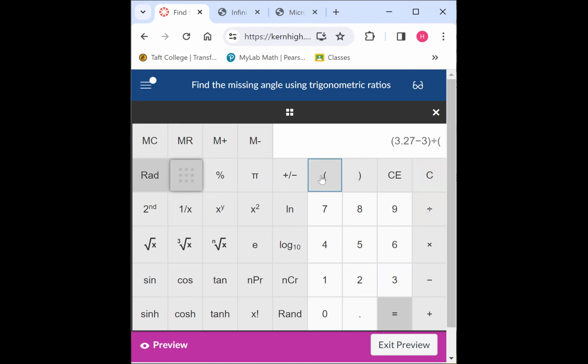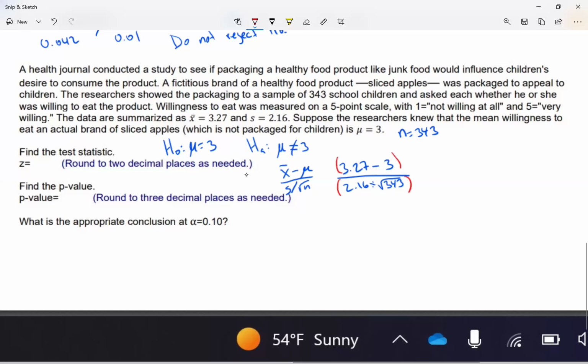Divided by, at the bottom, I'm going to have 2.16 divided by the square root of 343. Close the parentheses for the square root and close the parentheses for the bottom. I'm going to round this to 2 decimal places, so I'm going to call it 2.32. So my z-score is 2.32. Based on my z-score, I'm going to get my p-value, the probability of this happening by coincidence.